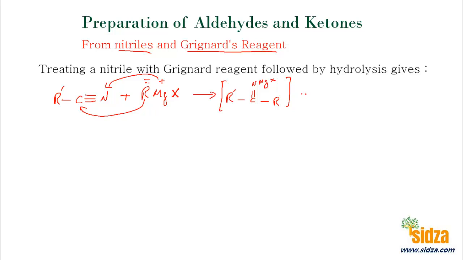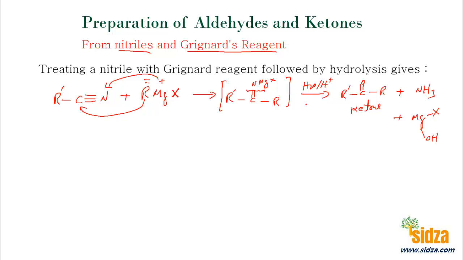And now after that we further hydrolyze it. You break the molecule by adding water. So when you hydrolyze it, this carbon nitrogen bond breaks completely, and this particular carbon gets a double bond to oxygen, so you get R prime C double bond O R. Now you've got a ketone, plus the nitrogen is lost as ammonia, and the magnesium will be attached with the halogen and a hydroxide group from the water.